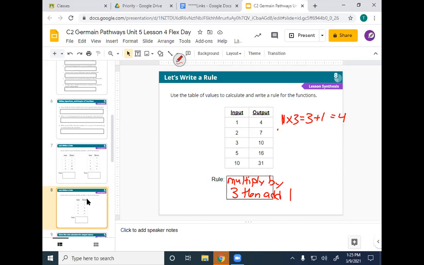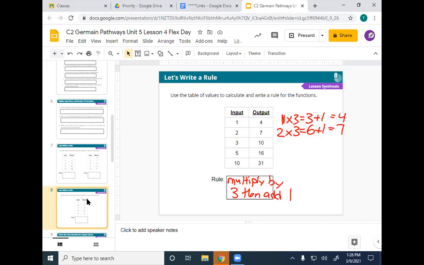An input of 2, we do what to it? Multiply by 3 to get 6, and then we add 1 to get 7. Are we right? Yes. You're right. Nailed it. Very good. So we had to multiply by 3, then add 1.